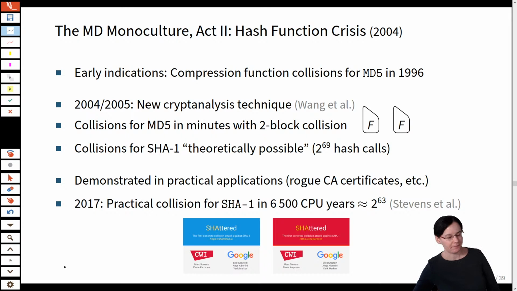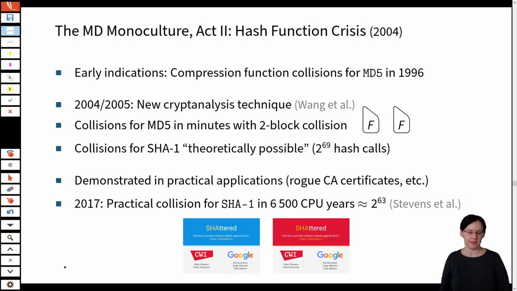But they applied it in a very special way to hash function designs by taking advantage of the fact that you can always look inside the hash function.